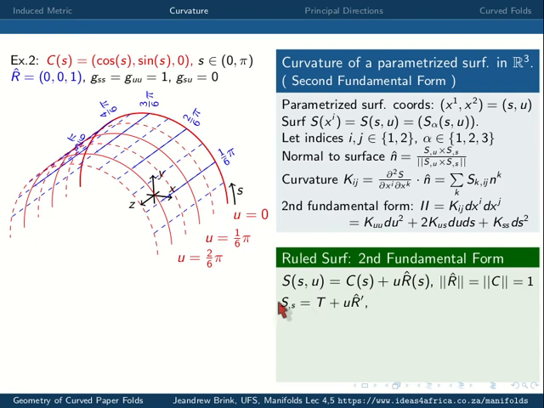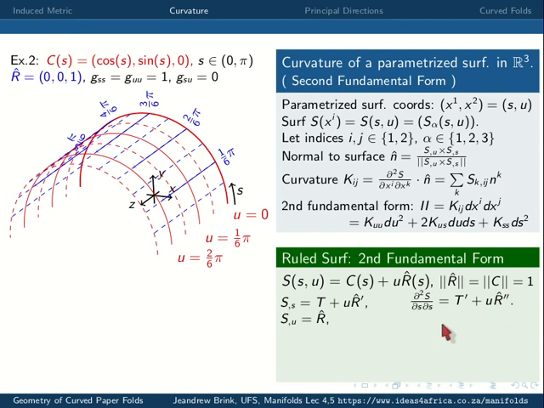Then we had the derivative of S with respect to s was simply t plus u r prime, and S comma u, which equals r hat. And then what we want to work out is the second derivative. Okay, so the second derivative of S with respect to s is just the derivative of this guy. So that's t prime plus u r double prime.